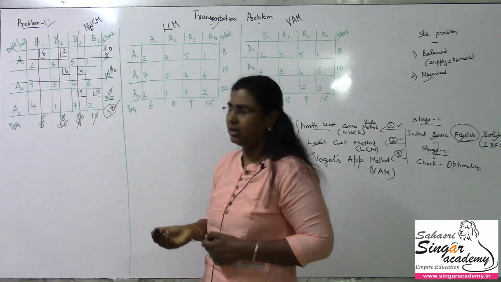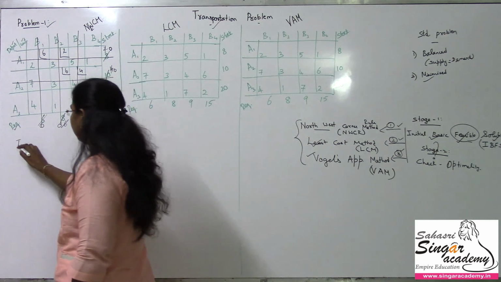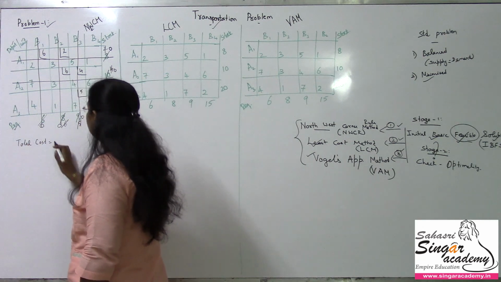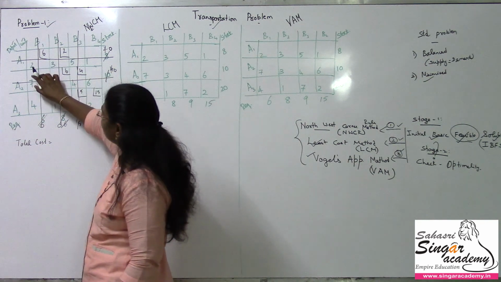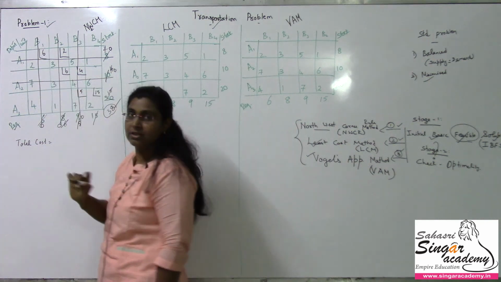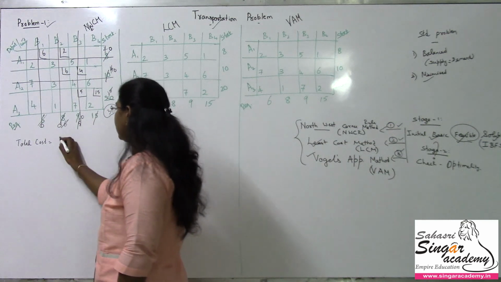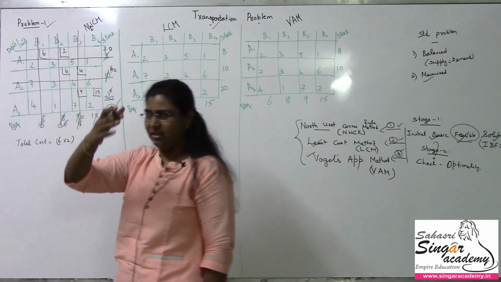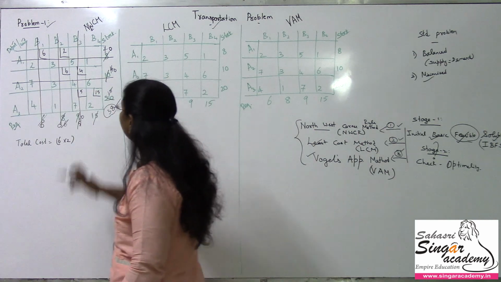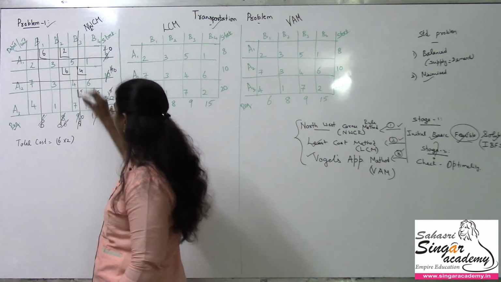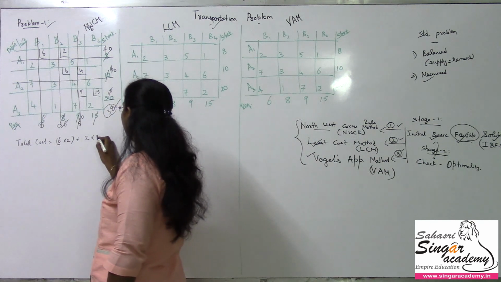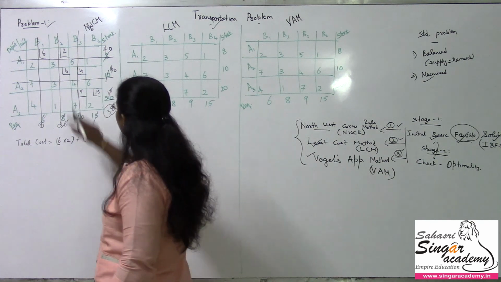Now you have to find the total cost. This is 2 rupees and 6 units, so 6 into 2 with respect to the first one. We can go in any order, either row wise or column wise, anything is okay. Now this one, 3 rupees and 2 units. So first row done.